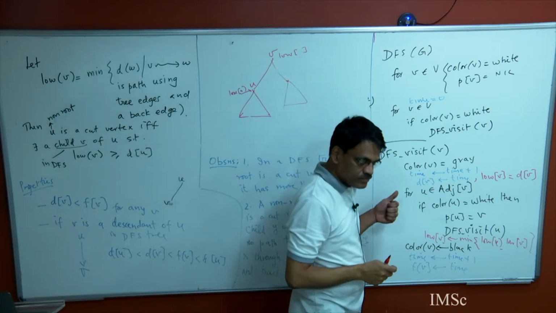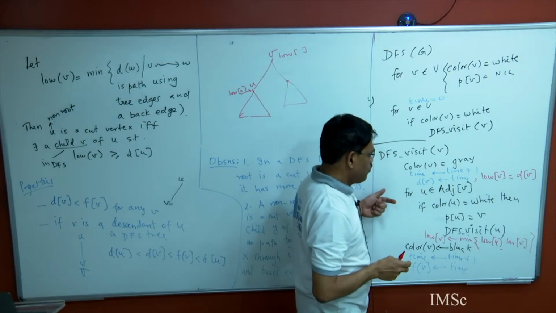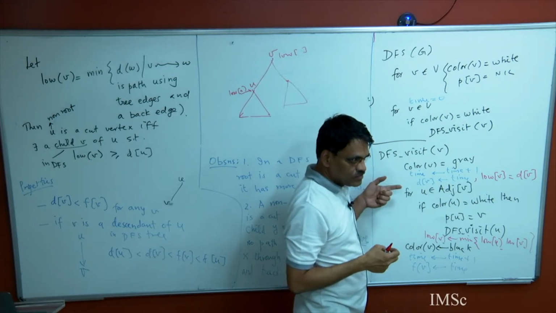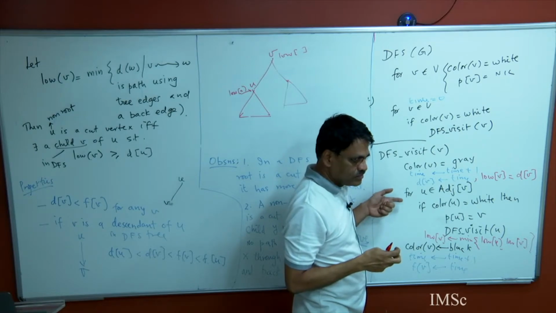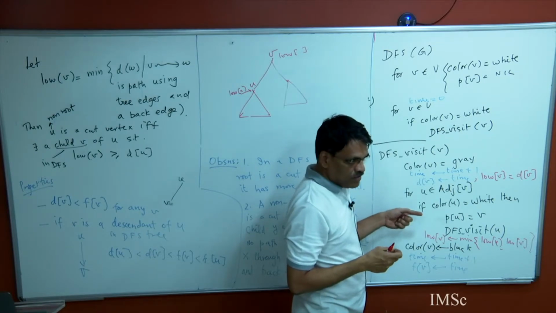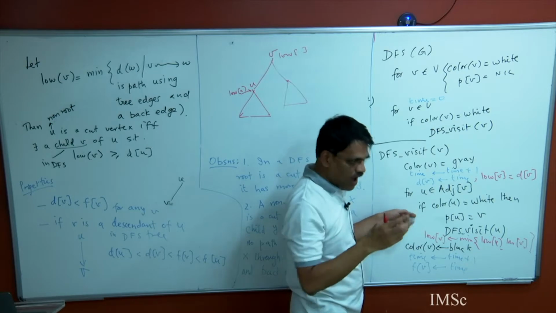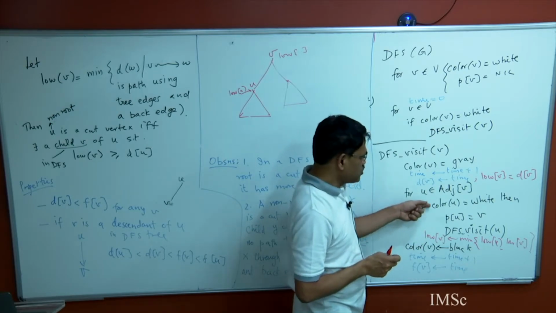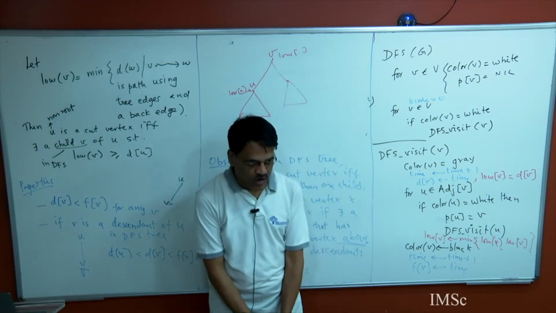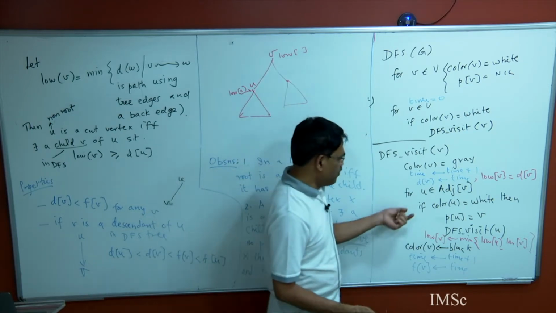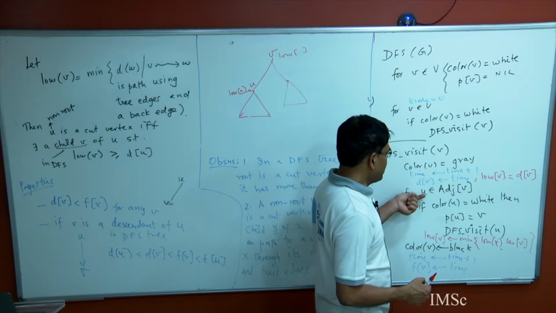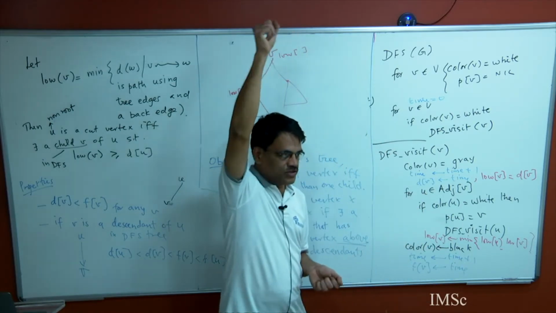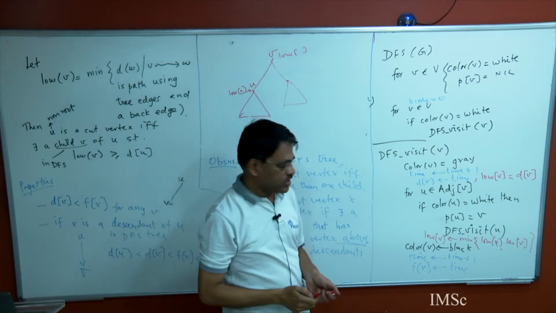Where are back edges handled here? Gray vertices, they are the back edges. If color is white, that's a new vertex, I'll explore and update my color value. The other possibility is that I get a gray vertex, that's a back edge. And then I update it with the D value of that vertex.